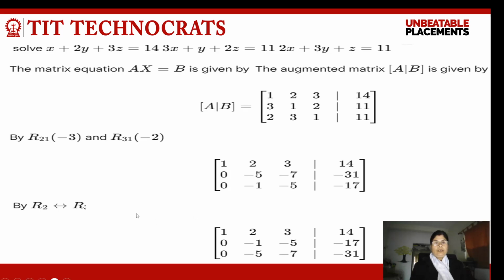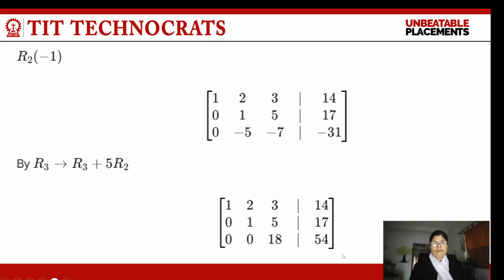Again we apply R2 interchange R3, so that we get 1 2 3 14, 0 minus 1 minus 5 minus 17, 0 minus 5 minus 7 minus 31. Again we operate on row 2, multiply by minus 1, so we get 0 1 5 17.